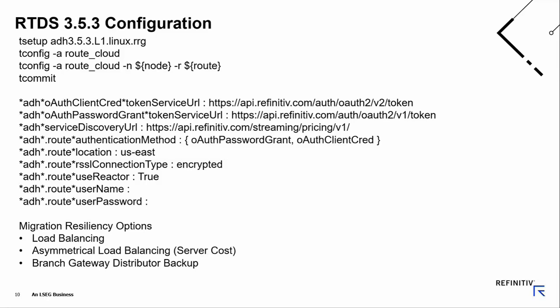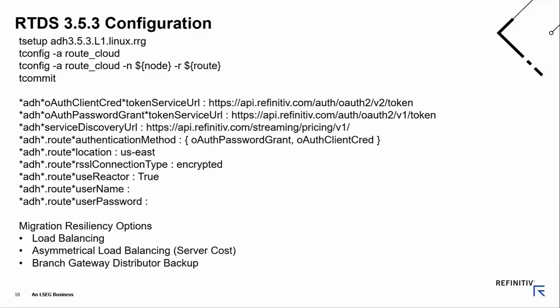If you want your RTO to be your backup, you can assign it a higher cost, so only when your edge device goes down do you flip over to RTO, and vice versa. Another option is what we call branch gateway distributor backup. Anybody who's been around Triarch or RMDS is familiar with those terms, but that gives you an auto failback mechanism. ALB doesn't have the auto failback, but the BGD does. So you can have BGD backups of edge device and RTO, and those are all options.